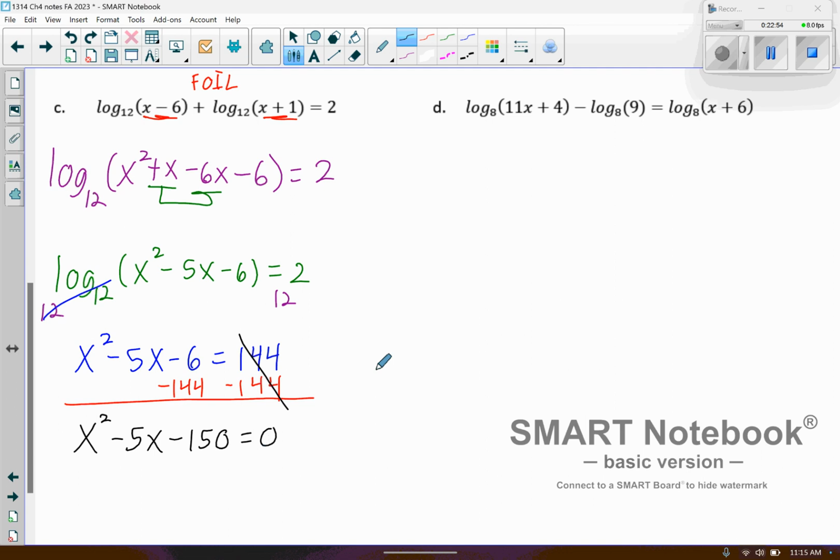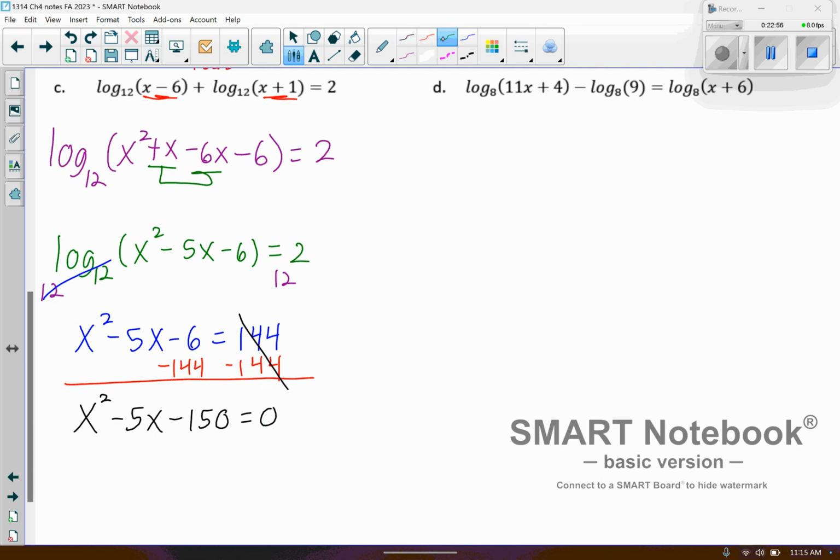And then we're going to play our little game here where we're trying to figure out what multiplies to give me negative 150, but when I add those two numbers together, they add up to negative 5. So you can play around with it a little bit, but you'll eventually get to negative 15 times positive 10. So negative 15 times positive 10 is negative 150, and those two numbers add up to negative 5 right there.